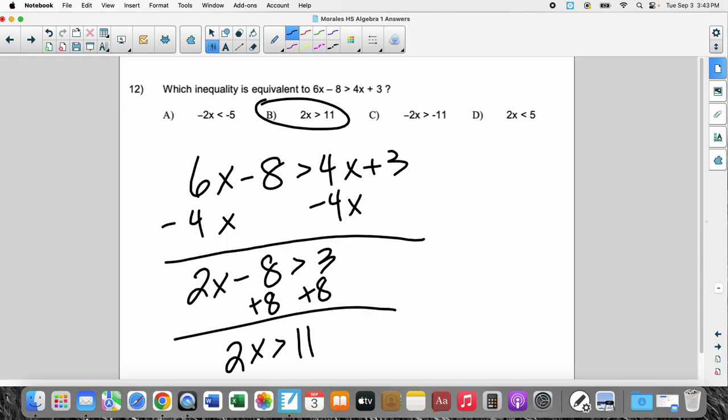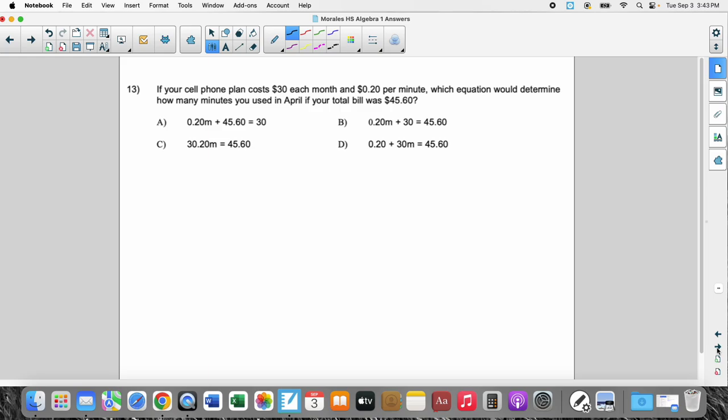So we would just keep going until we see a statement that looks similar to number 12. If your cell phone plan costs $30 each month and 20 cents per minute, which equation would determine how many minutes you used in April if your total bill was $45.60?